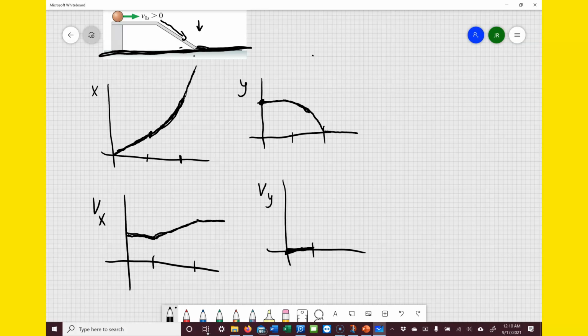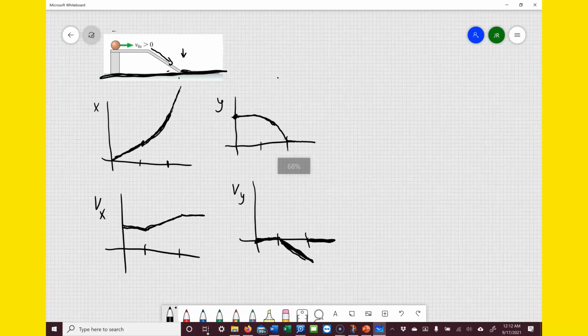Then it begins to increase negatively in its vertical velocity, all right, until it gets to here. It's supposed to be a linear situation there. When it gets there, it's just 0 again. So it's kind of a disjoint right there, and that happens anytime you have like a corner.